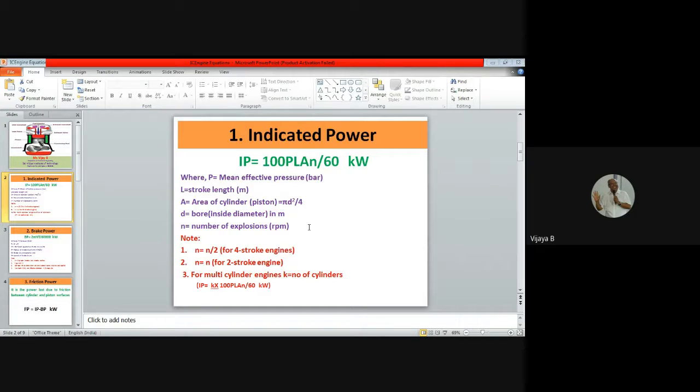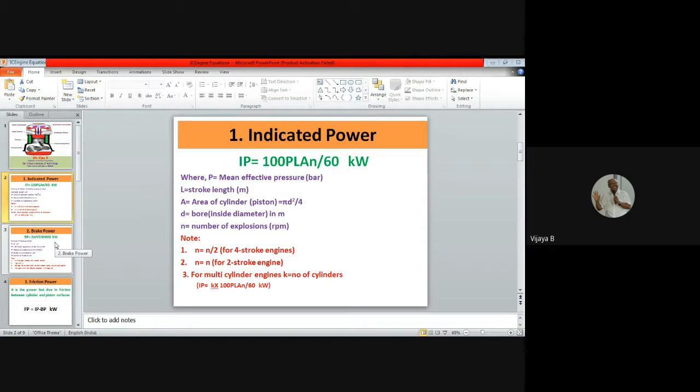For example, if the given engine has 4 cylinders, then you should multiply IP by 4. So this is the important note you must remember. I repeat, for a 4-stroke engine, N is always equal to n by 2, and N equals n for a 2-stroke engine. Why is it so? Because in a 4-stroke engine, it takes 2 revolutions to complete one cycle, hence it is to be divided by 2.